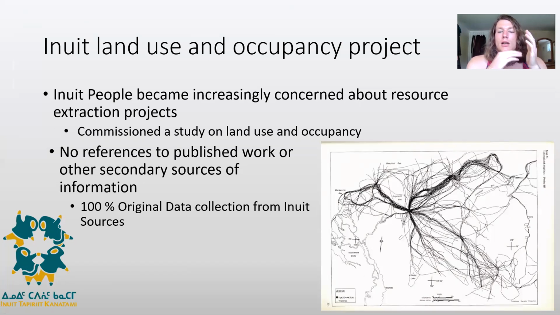So trappers and other elders and people within the community were interviewed and collaboratively created maps with the researchers to map out where Inuit resources were located, so their hunting grounds and things like that, and where cultural sites currently are and historically have been located.